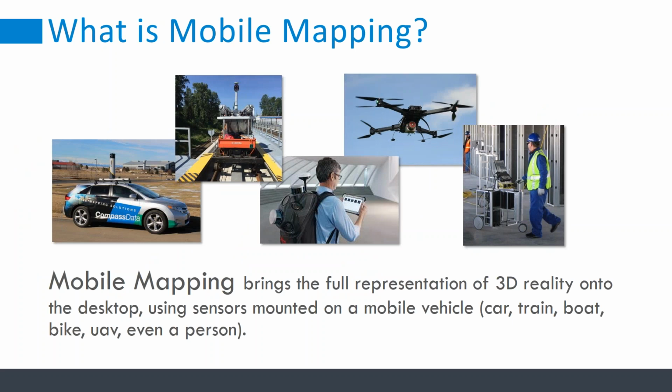So I want to start with explaining what is mobile mapping, because the webinar today is all about mobile mapping, and at least the combination that we have with the products of FiberPlanIT. Now it's really important to understand, of course, what is mobile mapping. So mobile mapping brings the full representation of 3D reality onto the desktop using sensors mounted on a mobile vehicle. It can be a car, a train, a boat, a bike, a UAV, or even a person.